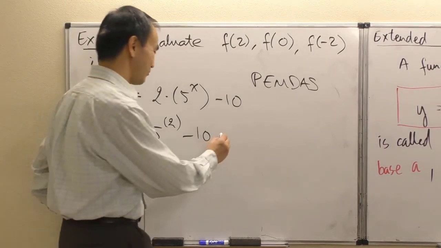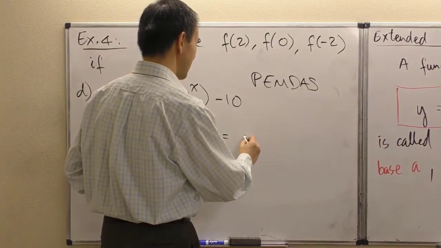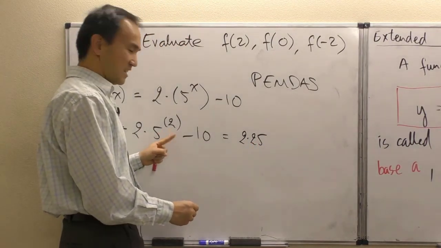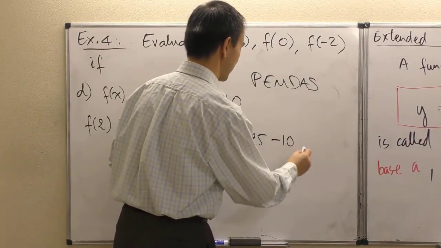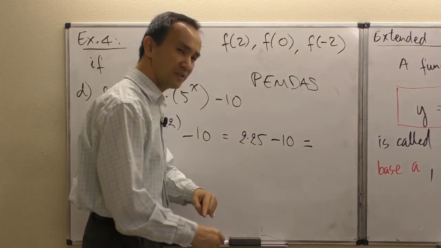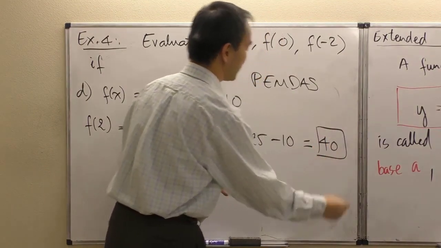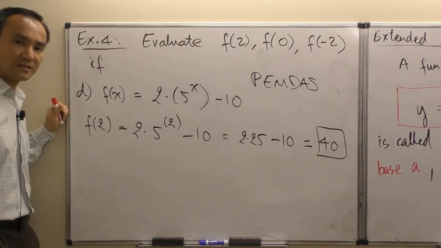So here I'm looking at 2 times 25 after raising 5 to that power 2, and then I'm going to subtract 10. So 2 times 25 is 50, minus 10. Our final answer is 40.